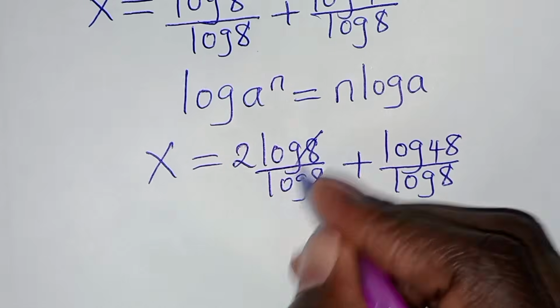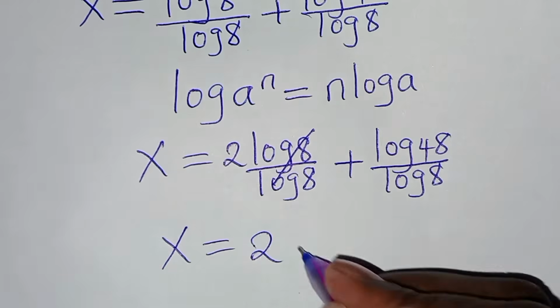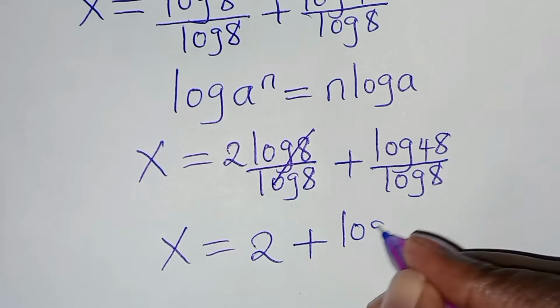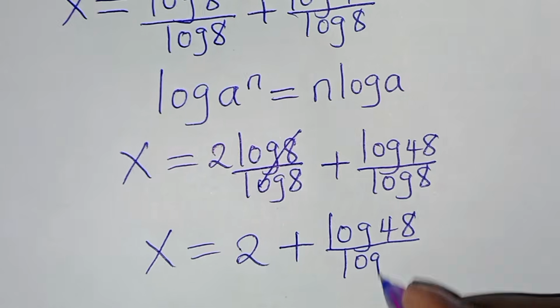Let's simplify here so that now x is equal to 2 plus log 48 divided by log 8.